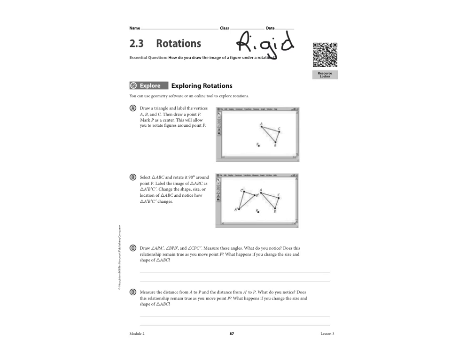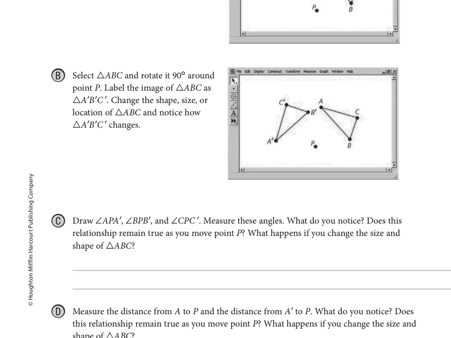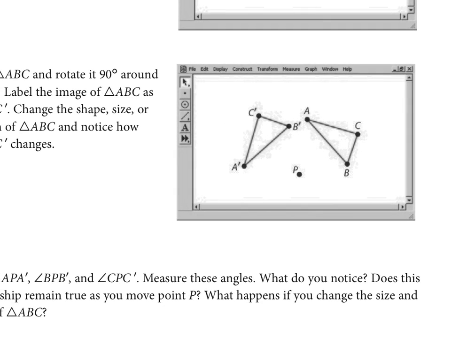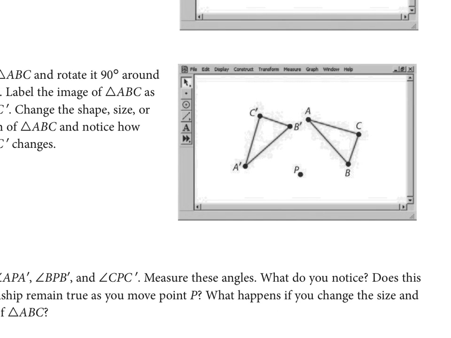And if we look here, we can see an example of a rotation. This is rotating around point P. Point P is the center. If you look at this, you can see that the distance between the center of rotation P and B is the same as the distance between P and B prime.